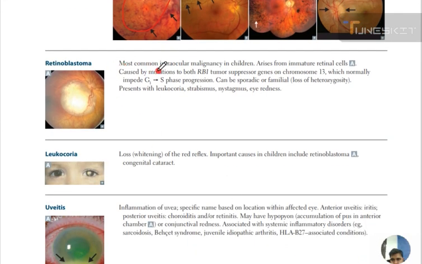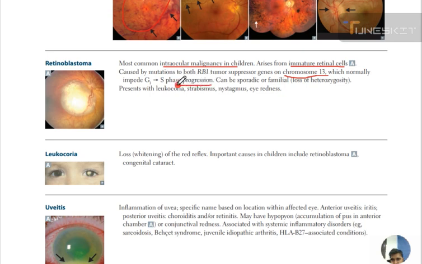Retinoblastoma is the most common intraocular malignancy in children. It arises from immature retinal cells, caused by mutation of both copies of the retinoblastoma 1 tumor suppressor gene on chromosome 13, which normally impedes G1 to S phase progression.